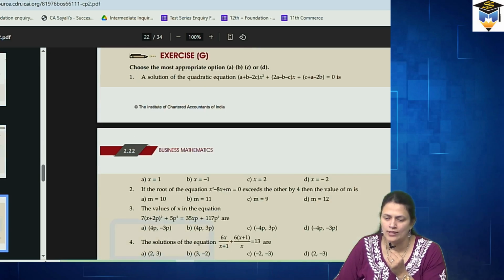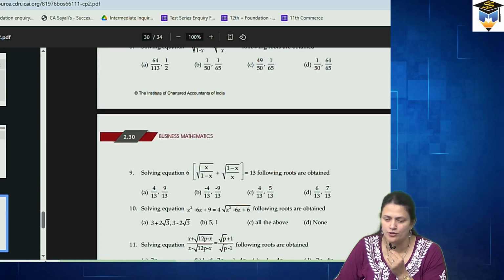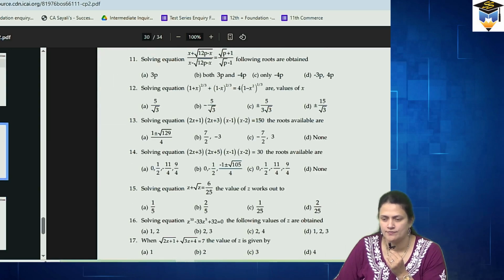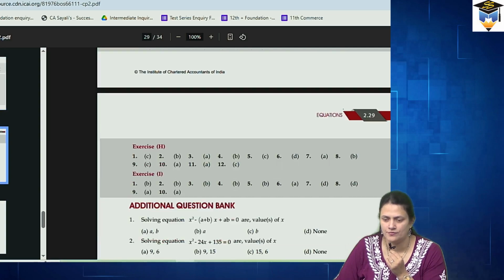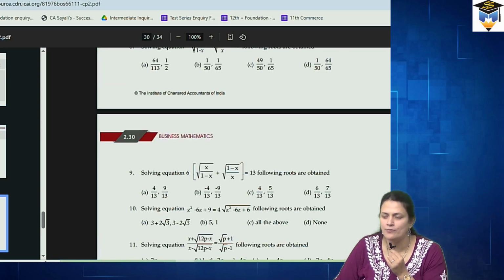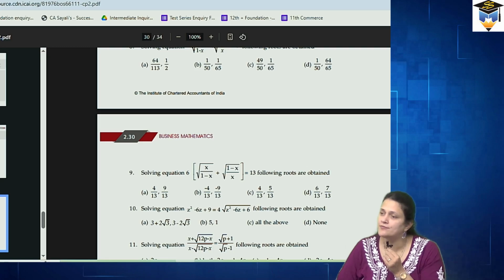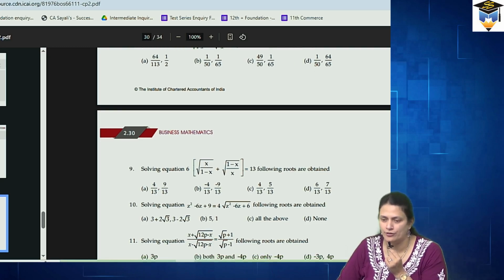So let us go to the additional question bank from the textbook. See, in the additional question bank, total how many sums are there? 50 sums are there. So we will try to solve a few sums over here today.